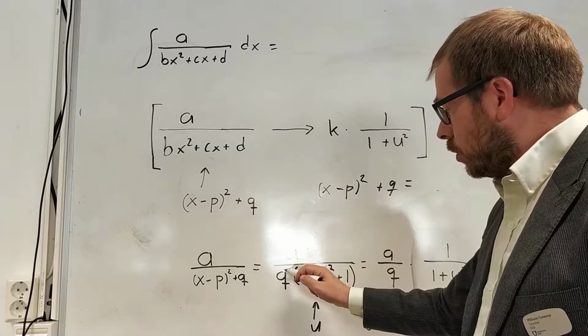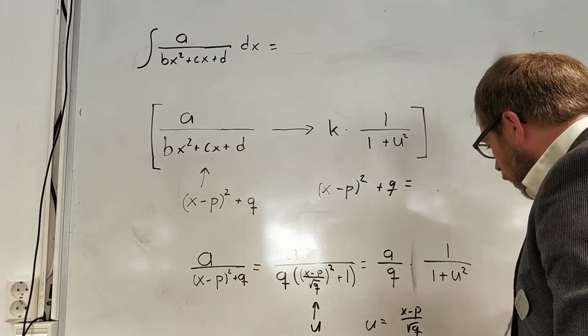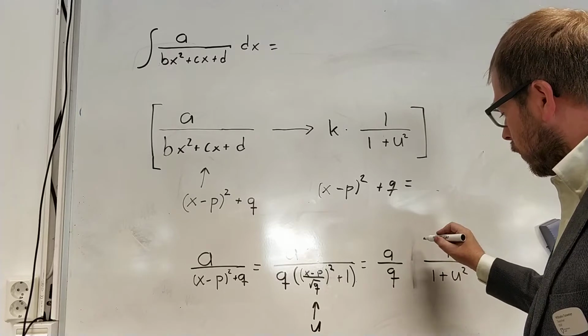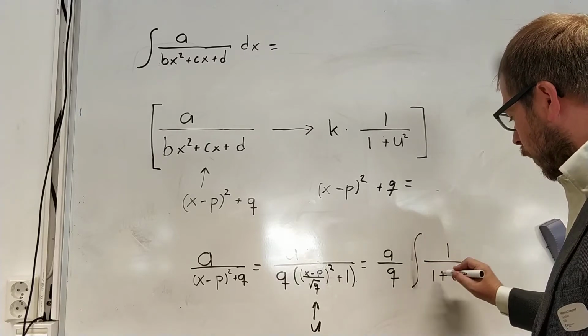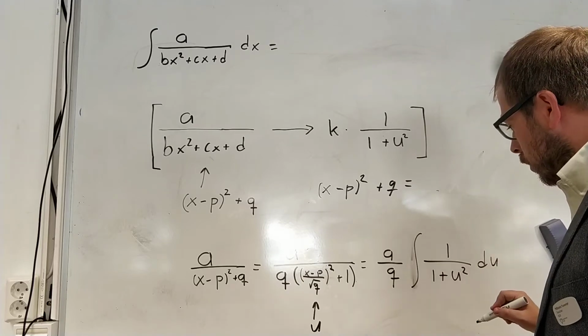And this q and the a you break out to put in front of the integral, so you will have a over q times the integral of 1 over 1 plus u squared du.